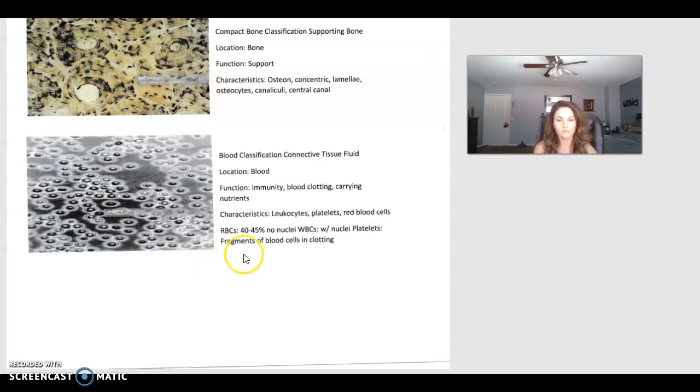RBCs are 40 to 45% with no nuclei, and WBCs have nuclei, and platelets are fragments of blood cells involved in clotting. If we look at the slide here, we can see the platelets, as well as the RBCs that carry the nutrients as well as the hemoglobin.